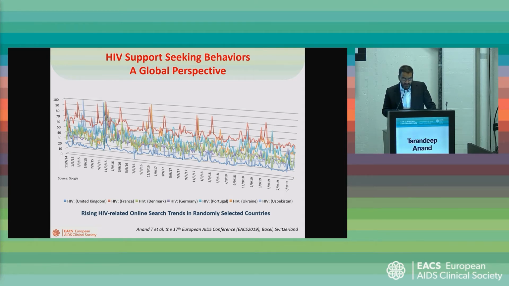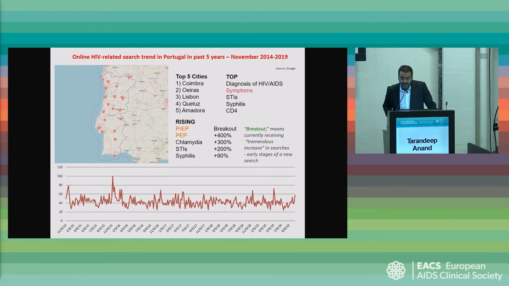This includes Ukraine, Denmark, Germany, Portugal, France, and the United Kingdom. Where you see the peaks over here, these are some kind of panics that happen, and these people are going online and searching for HIV-related support. For example, here we see Portugal.